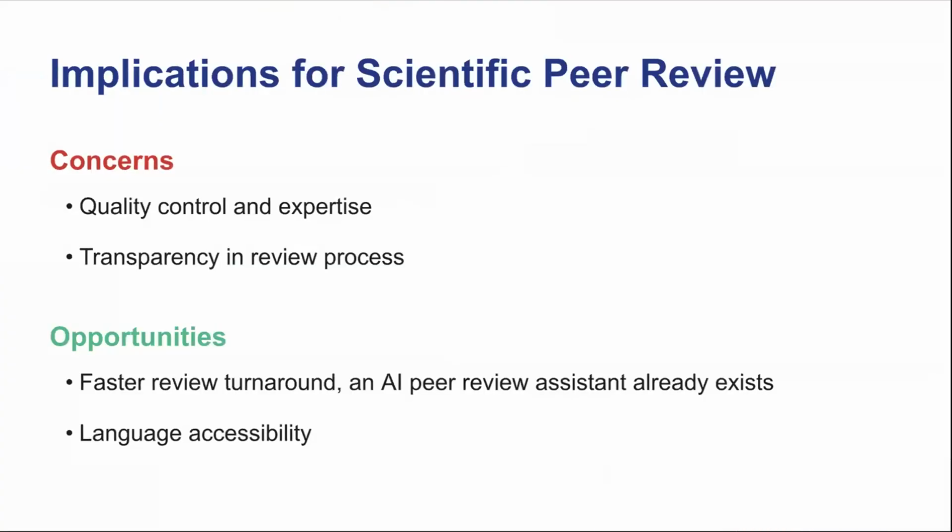So, broader impacts are just things to keep in mind now that we have our results, right? There are two things, obviously: concerns and opportunities, starting with quality control and expertise. Now that AI is being used, it raises questions about transparency in the review process. I think it's also good to know, however, that AI peer review assistants already exist out there, which could also explain exactly why we have that influx in our AI-generated detection.